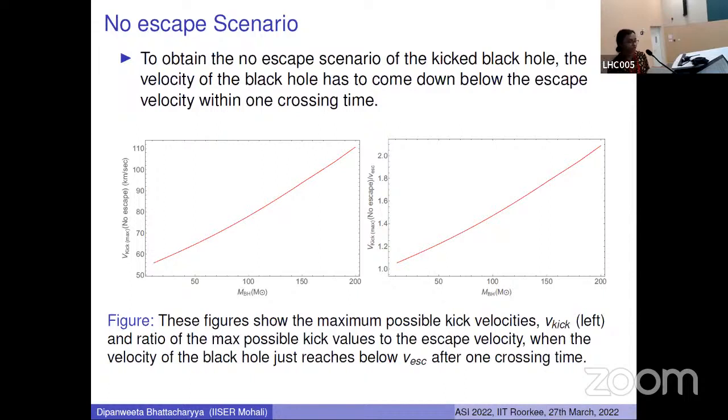The left plot shows the maximum kick velocity possible for which, at t equal to 1 crossing time, it will be exactly the escape velocity of the globular cluster. We can see the plot as a function of mass, and the higher the mass, the higher the peak velocity. The second plot shows the ratio of peak velocity to escape velocity as a function of mass. That is also increasing with respect to the mass.